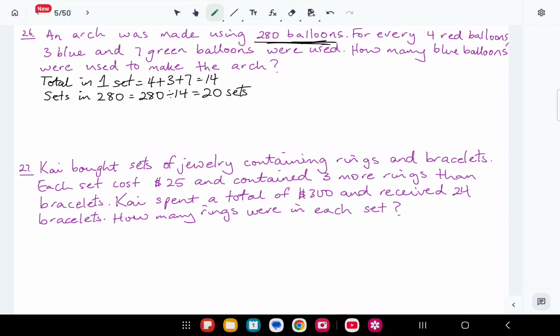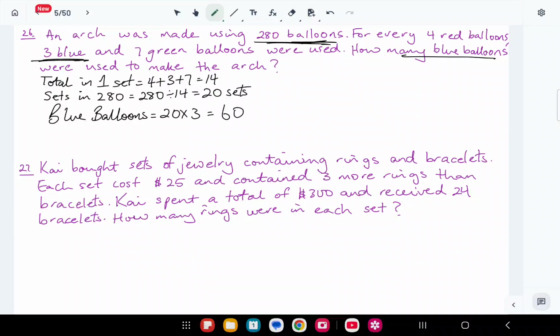They ask now how many blue balloons, and we know that in each set we were using 3 balloons. So for 20 sets now, it would be the 20 multiplied by the amount in one set, which is 3, and that will give us 60 balloons, 60 blue balloons.